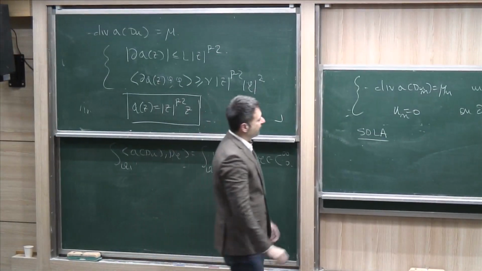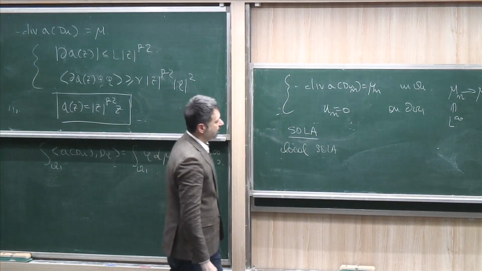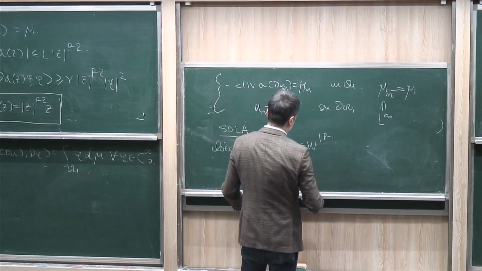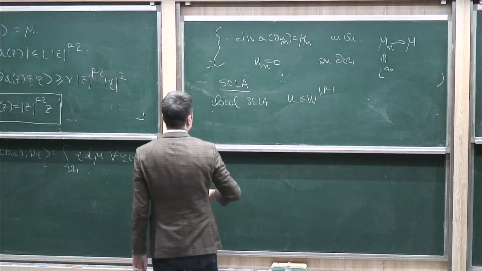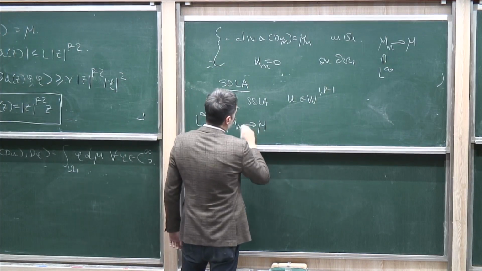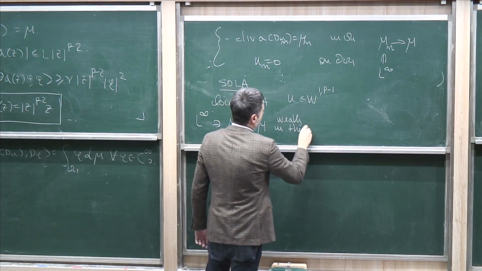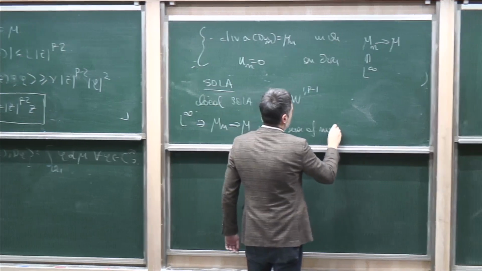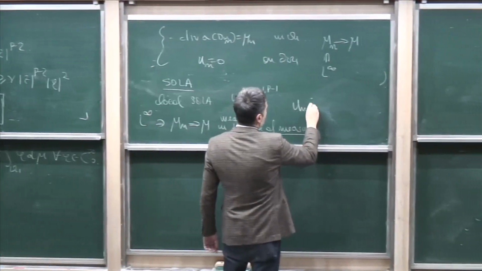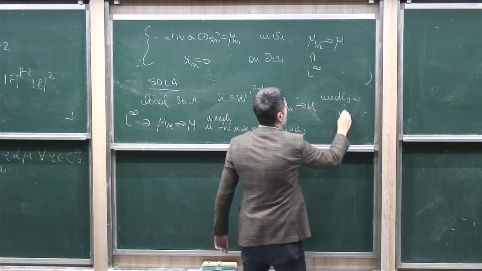And then I will also define the more general notion of local SOLA, saying that u that belongs to W^{1,p-1}, actually, it's a local SOLA to that problem if there exists a sequence of measures that are in L infinity, which is weakly converging in the sense of measures, and such that u_n is converging weakly in L1, in W^{1,1}.